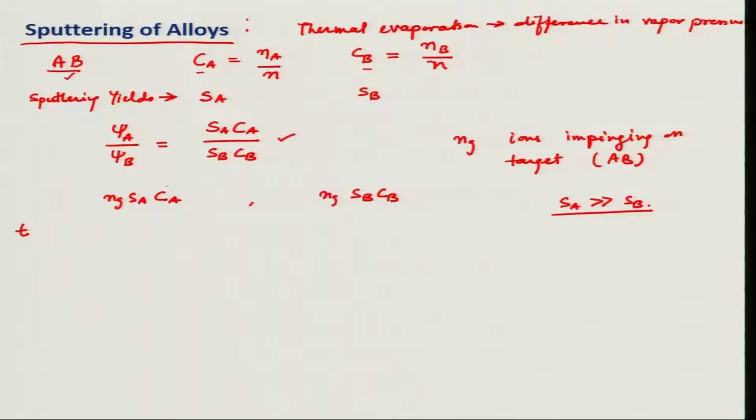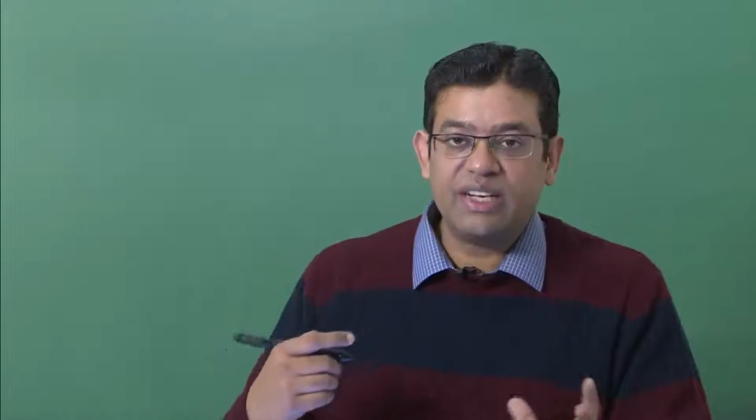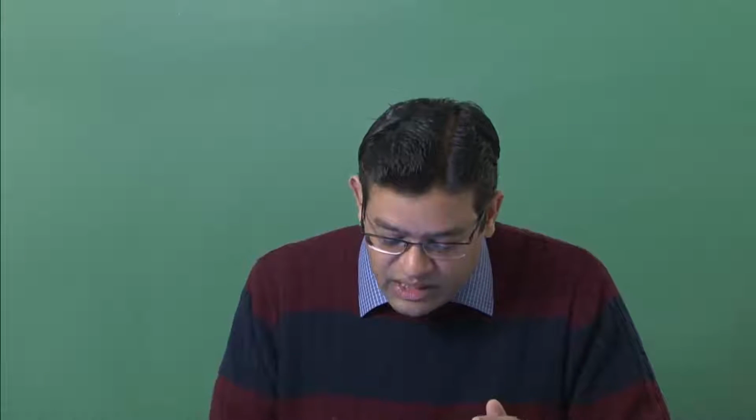If more of A is being sputtered from the surface of the target, then my target is getting richer in B. Okay. So, my concentration will change. This is the surface concentration.